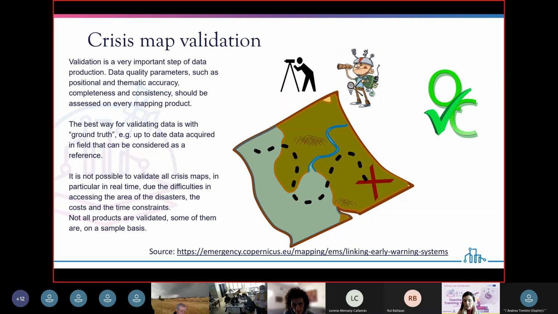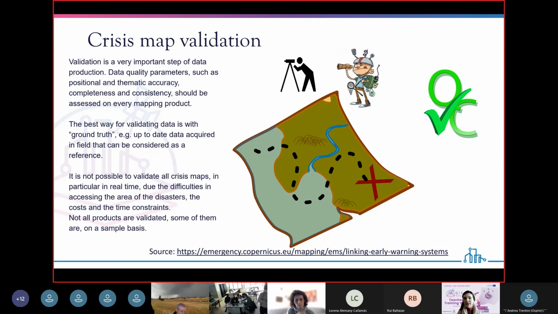You probably know that if a map is produced in a normal situation, it has to pass quality control and validation before being, let's say, paid by the user and used by the user. In case of a crisis map, of course, this is a bit more difficult, because validating the map would mean to go in the field and check the quality of the map.